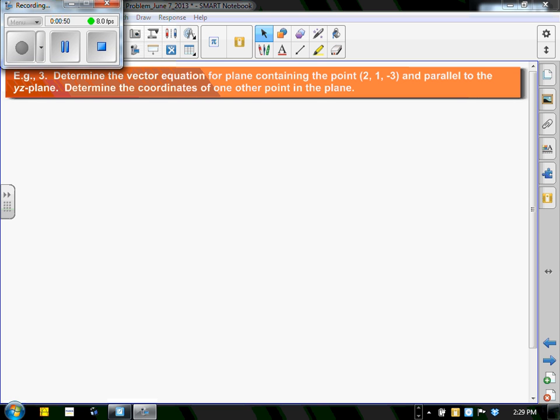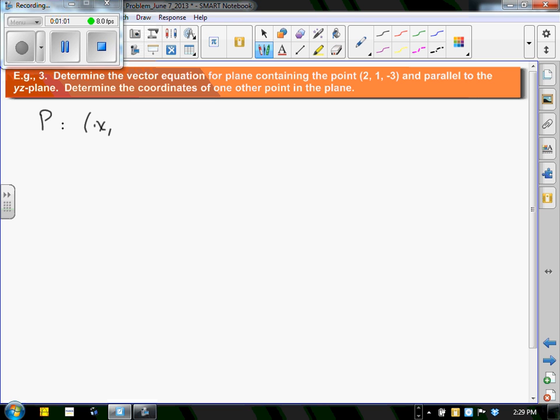So prior to beginning, let's just recall that the equation for any plane in general, call it plane P, is going to be equal to the components x, y, z equal to x naught, y naught, z naught, plus scalar multiples of direction vectors a and b.